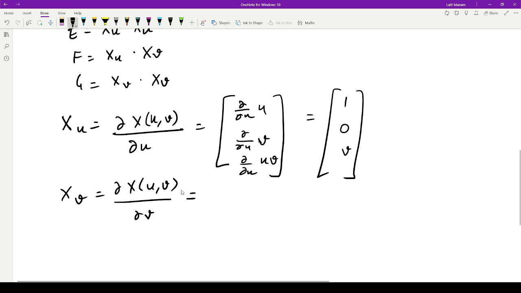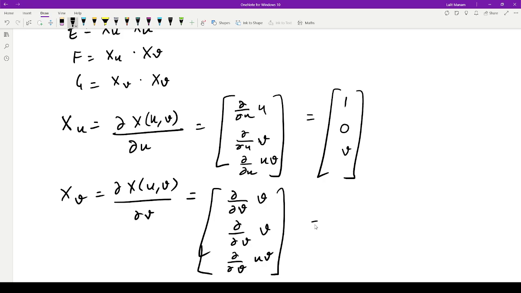I'm just writing it out explicitly so that there is no confusion in terms of notation. Once notation is clear, this is pretty easy. Del by del v of uv. Okay, so this is what I wrote wrong. This is 0, 1, and this is u. Okay, fine.